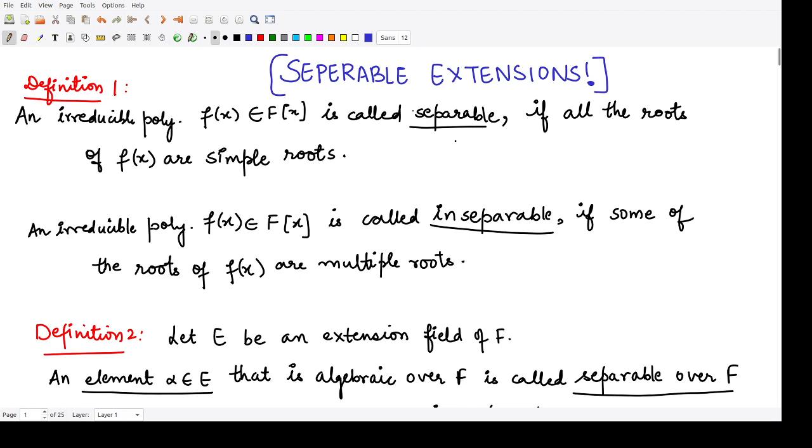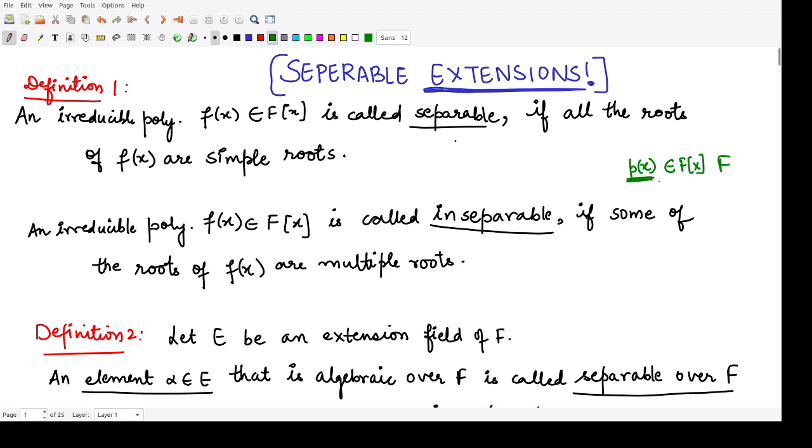Before going to these extensions, where do they come from? Extensions come into the picture whenever you have some field and some irreducible polynomial f of x over this field.